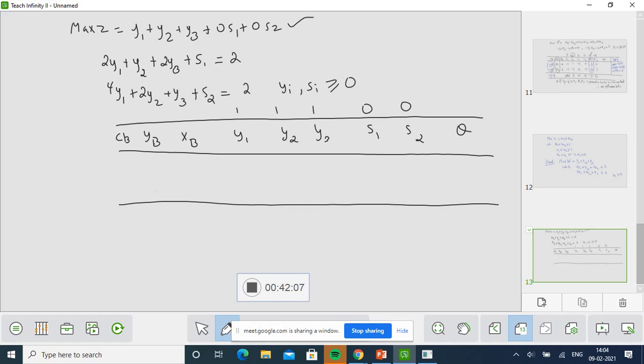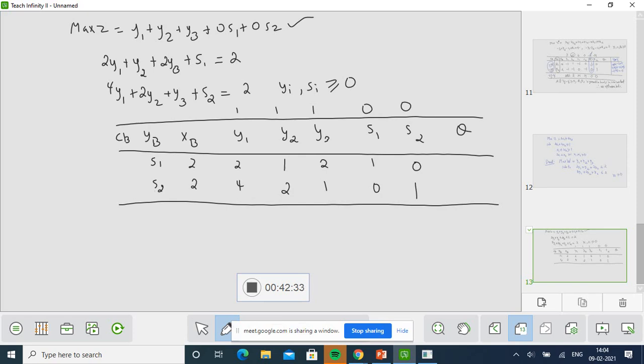Yes, S1, S2 will be there in place of YB. Where will the 2 be? Under XB. Then what happens? My y1 column becomes 2, 4, then 1, 2, 1, 1, 0, 0, 1.